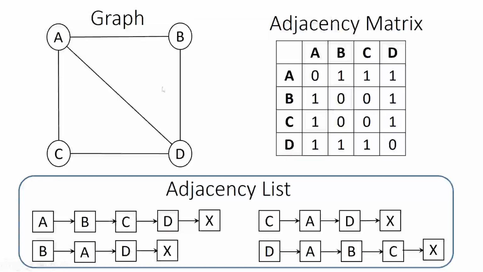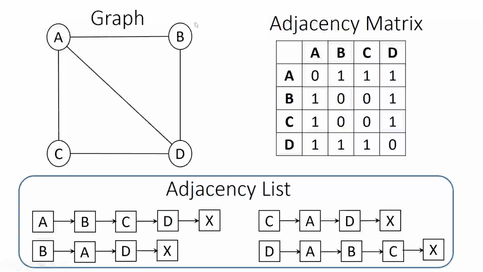Because this is an undirected graph, it will be a symmetric matrix. A to B we have an edge, so this cell will become 1, and similarly B to A becomes 1. A to C is 1, A to D is 1. So the first row will be similar to the first column.